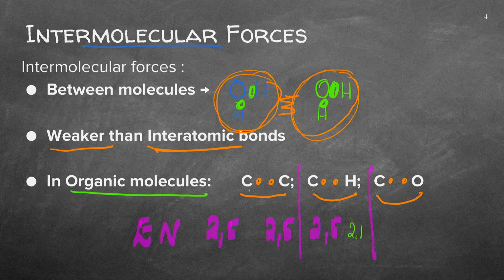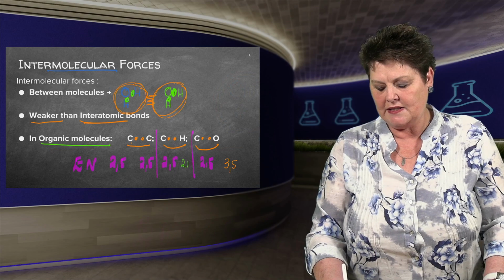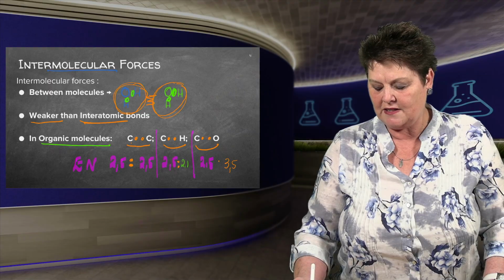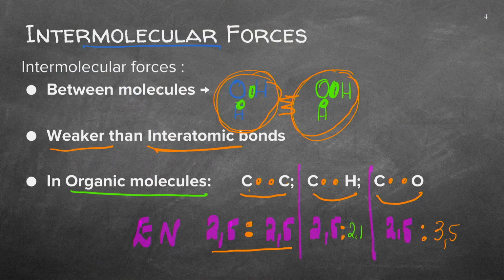Here I've got carbon again, 2.5, and I've got oxygen with 3.5. Now, what does that tell me? It says there are 2 electrons in between these 2 atoms. It's equally shared here because it's 2.5 and 2.5, which means it's non-polar.